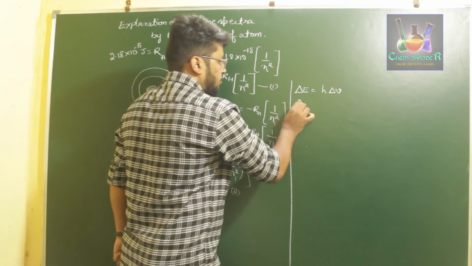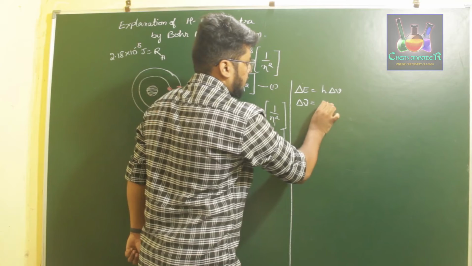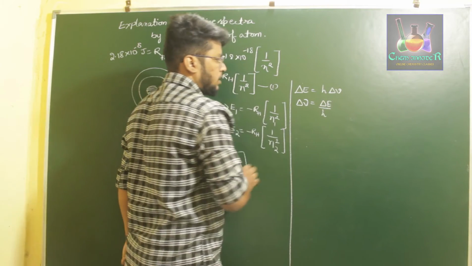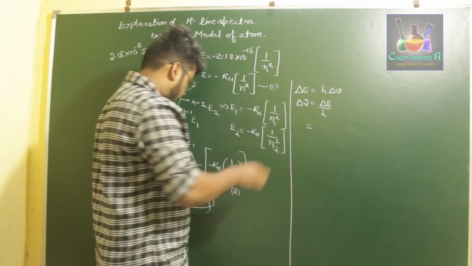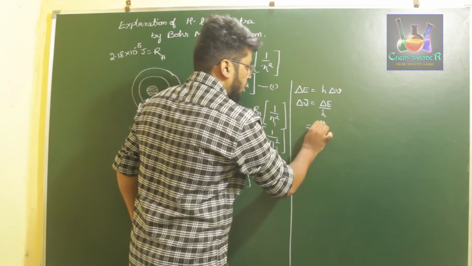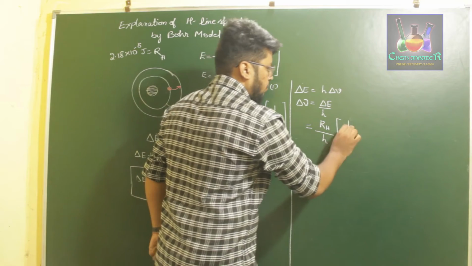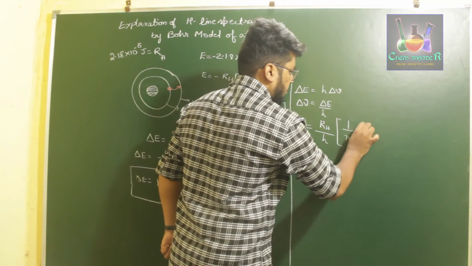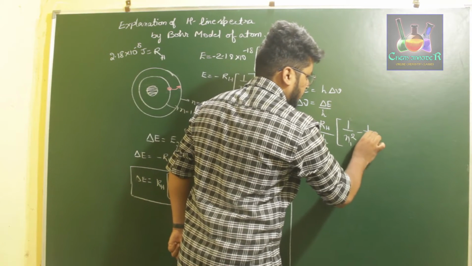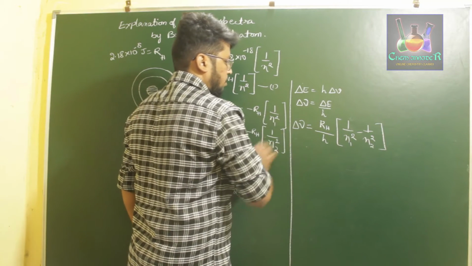So delta nu is equal to delta E by h. Substitute the value of delta E in this equation. We get RH divided by h into 1 by n1 square minus 1 by n2 square. So this is delta nu.